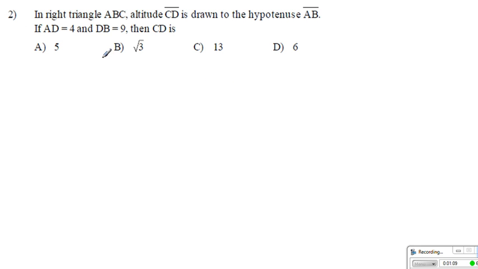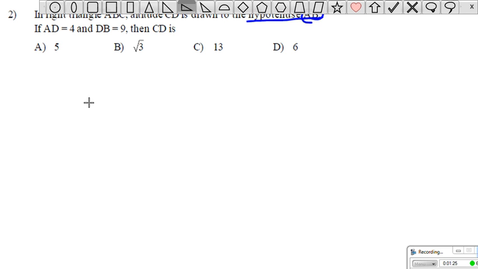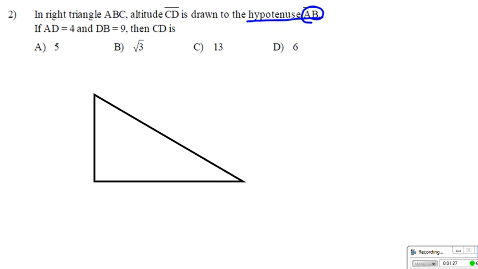Alright, let us look into the second question. In a right triangle ABC, altitude CD is drawn to the hypotenuse. Hypotenuse is AB. So then in this case, what we get to realize is this. Once we have the right triangle, we can assume that AB is the hypotenuse, then angle C must be the right angle.